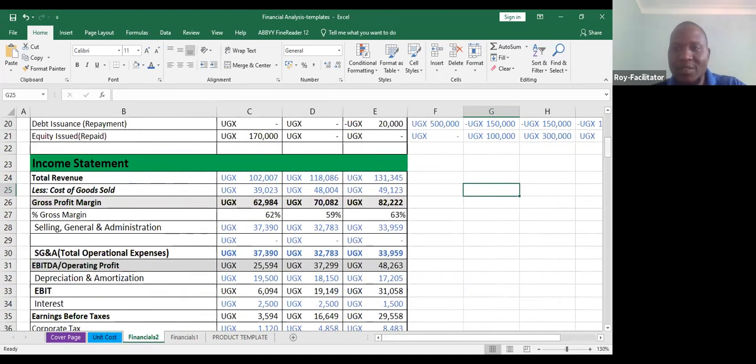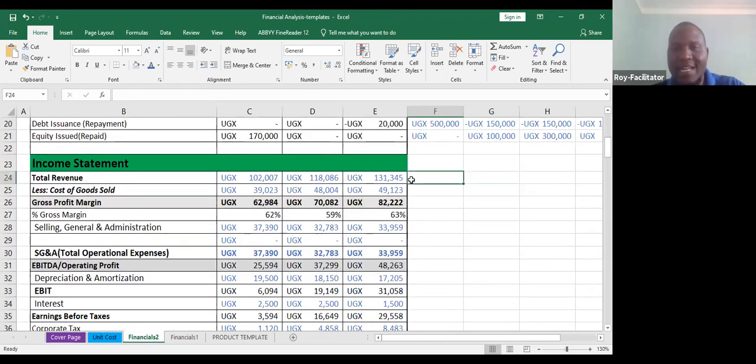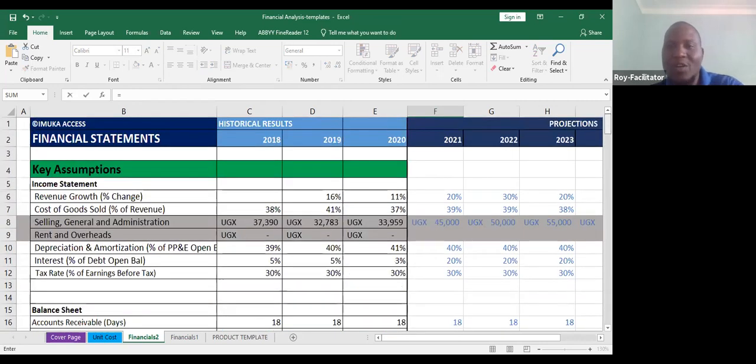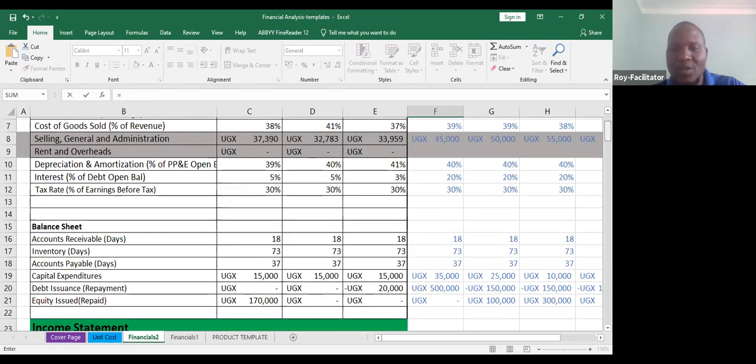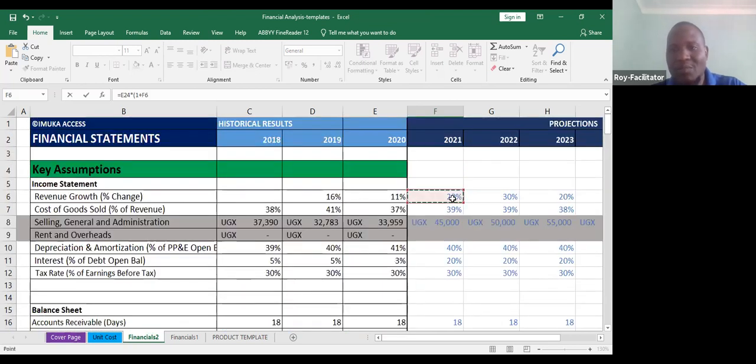Based on the assumptions that I've created, I can easily now forecast my revenue. As you can see, we say our revenue will grow by 20%. So I'm just going to pick my last revenue and multiply it by 1 plus the growth rate, because I want the full figure.